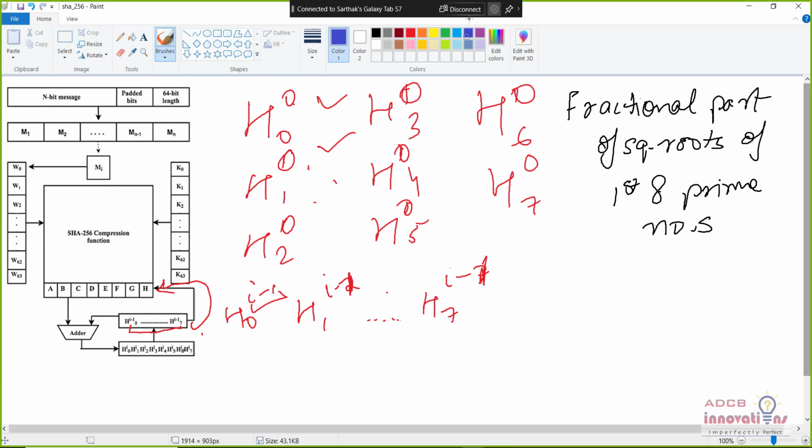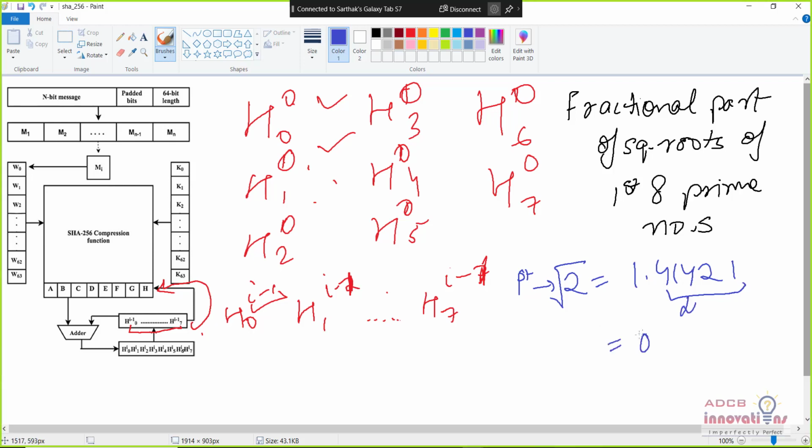Let me take an example. The first prime number is 2. So it is the fractional part of the square root of 2. The square root of 2 is 1.41421. Now the fractional part of the square root of 2 is 0.41421.